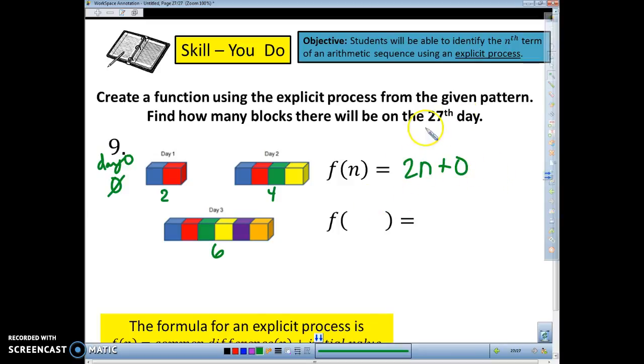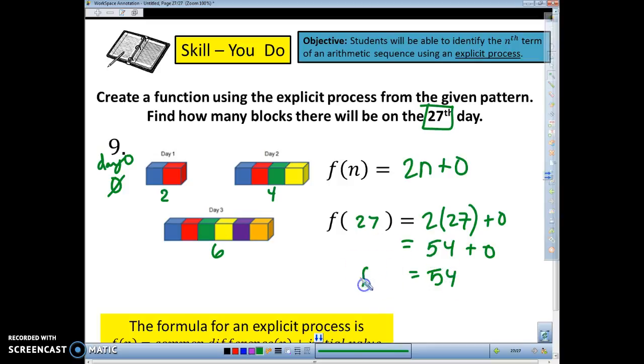So I'm going to go ahead. They want to know how many blocks we have on the 27th day. So I'm going to plug in 27 into my function. So 2 times 27 plus 0. 2 times 27 is 54. So this gives me 54. F of 27 is 54.